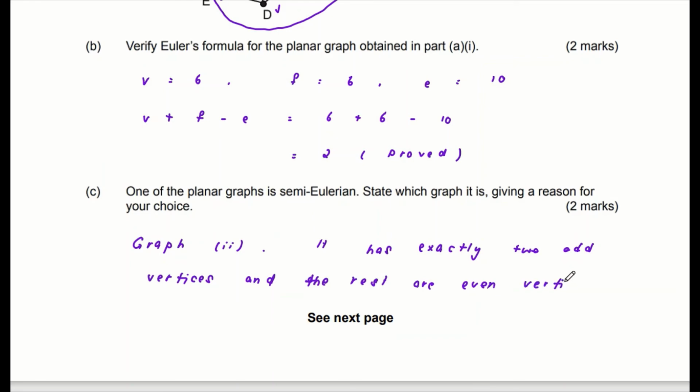Right, so that's the idea of how you should answer it, but it is totally fine if you just write down graph 2 because it has 2 odd vertices. That is okay as well.